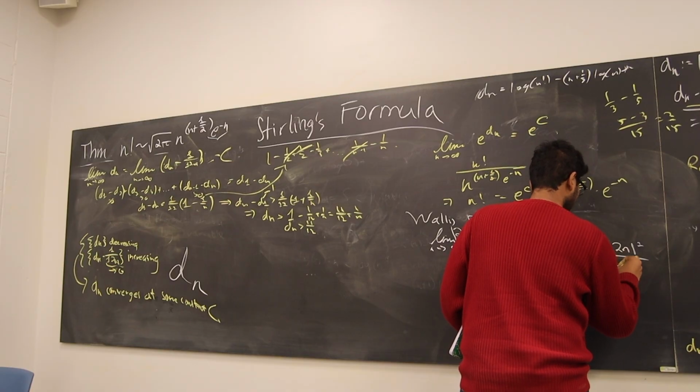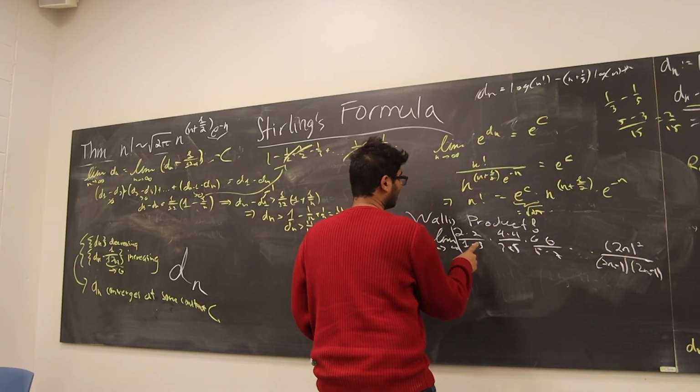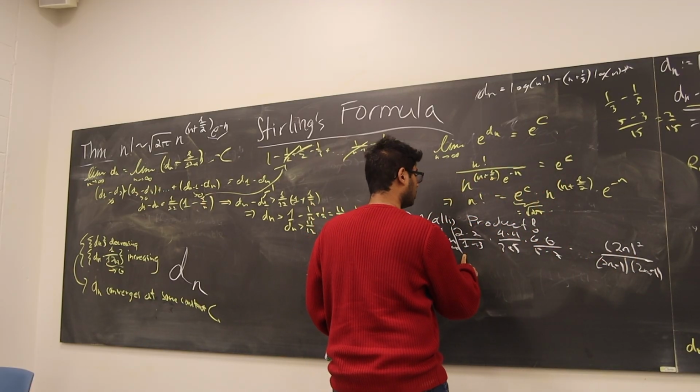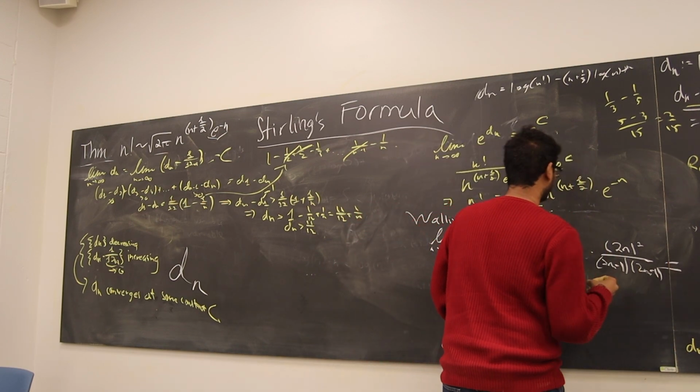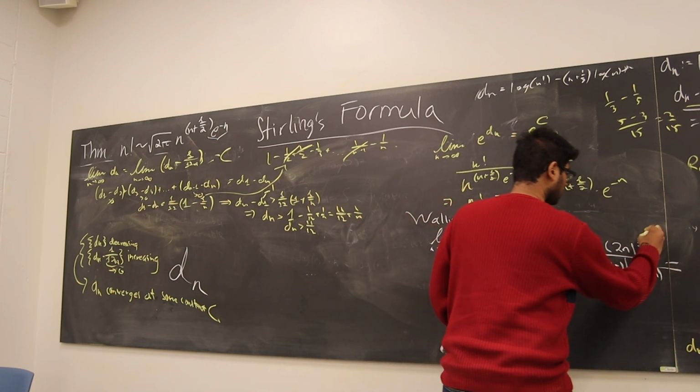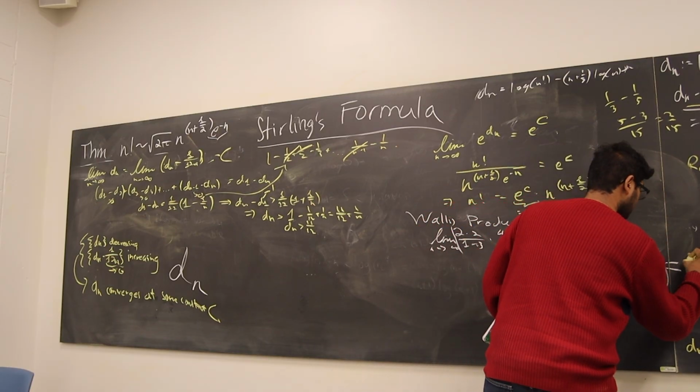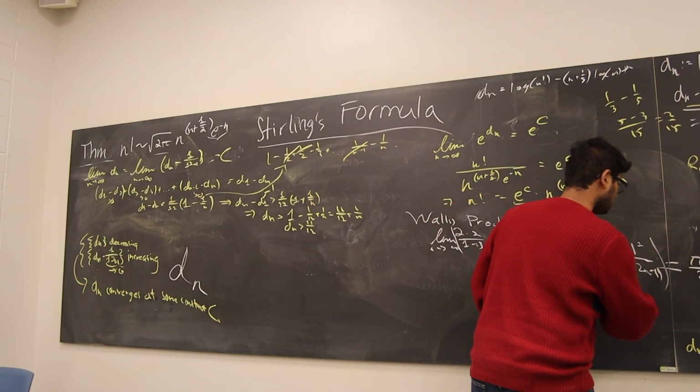As you keep taking products like this, you take something slightly smaller than 1, slightly greater than 1, slightly smaller than 1, slightly greater than 1: 2 over 1, 2 thirds, 4 thirds, 4 fifths, 6 fifths, 6 sevenths. And eventually you get to pi over 2.